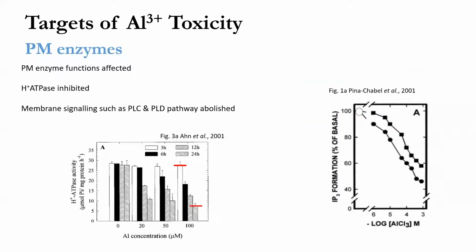So, speaking of enzyme functions, aluminum could directly interact with transmembrane proteins and inhibit their functions. As seen in the lower left region, the key plant enzyme proton ATPase, or H-ATPase, activity is significantly affected by high concentration of aluminum over time.